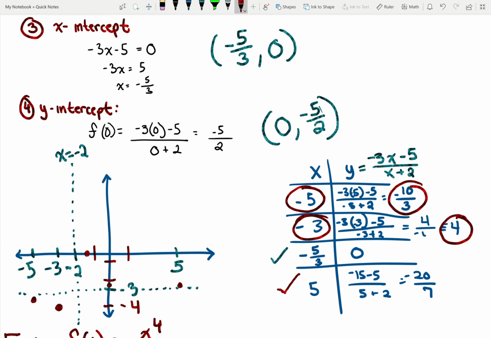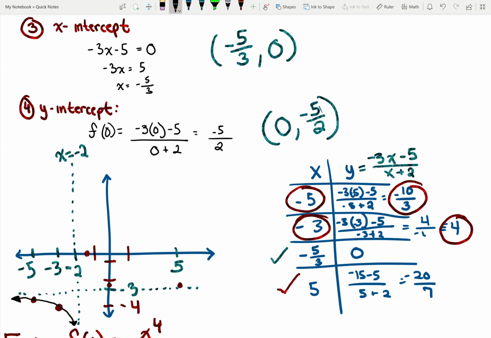Okay, so now our goal is just to connect the dots. So I'm going to connect these two dots first. Remember, if I just connect them in a straight line like this, I cross my vertical asymptote and my horizontal asymptote, which is a no-no. So I want to connect them in a manner such that I'm also avoiding my asymptotes. So they have to curve or bend out of the way.